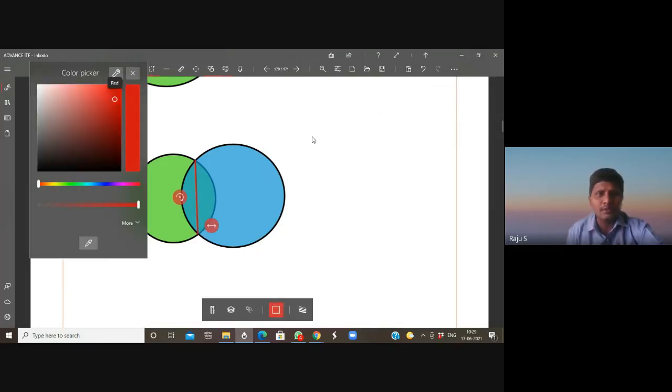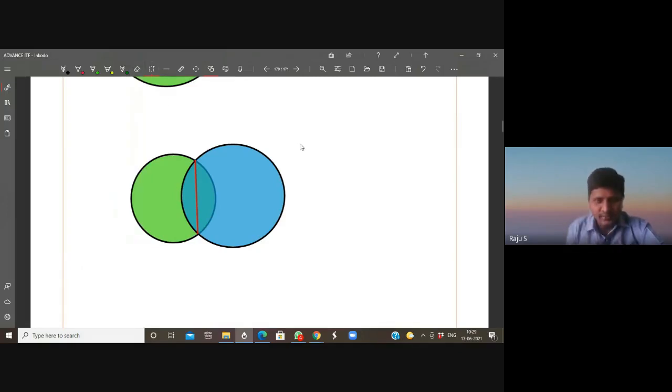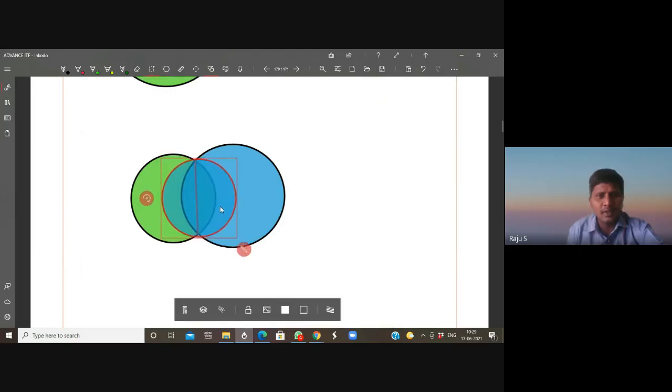That is a common chord. We require to find the equation of the circle. We can consider this common chord as a diameter.